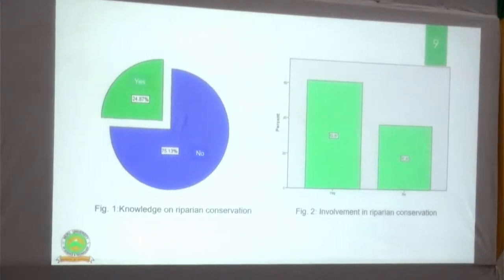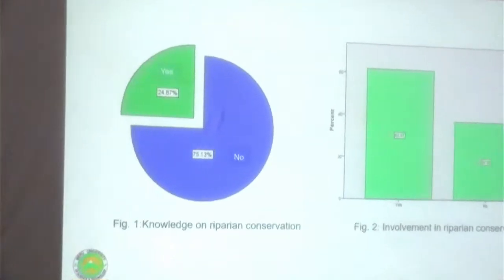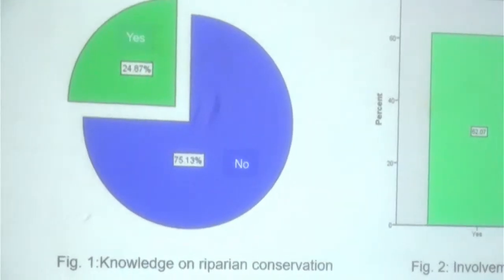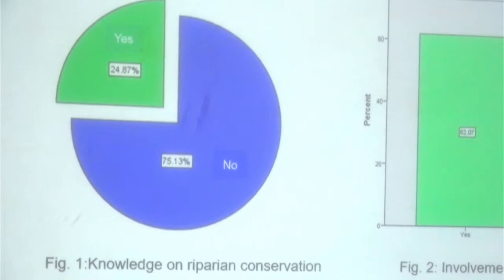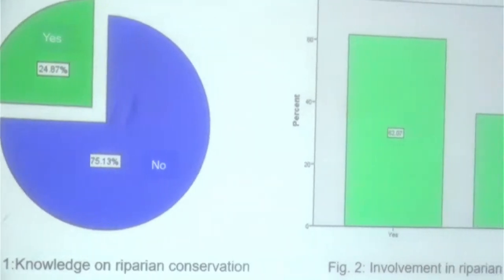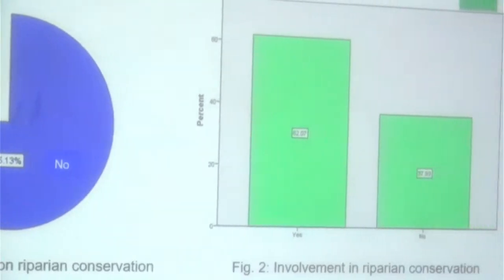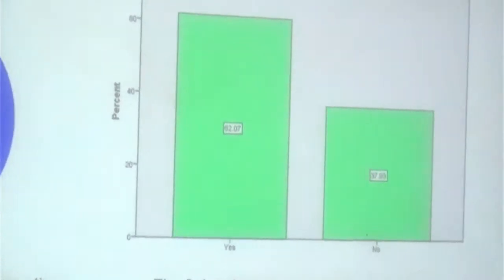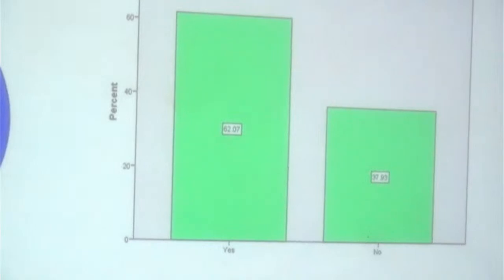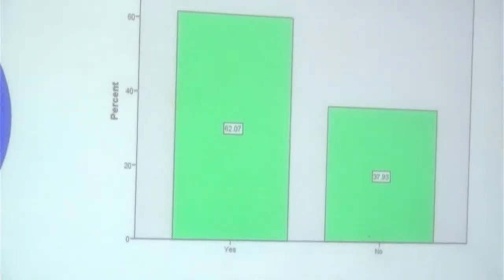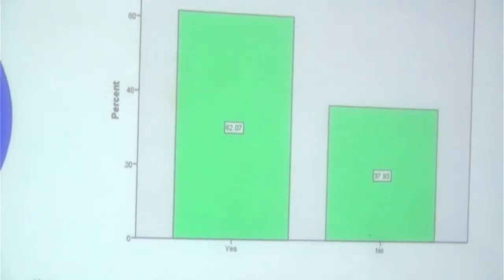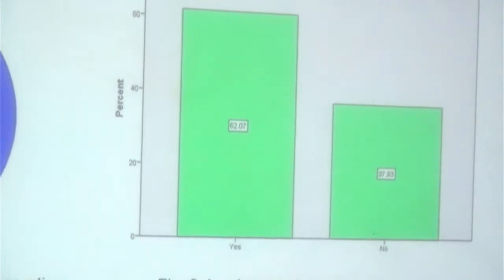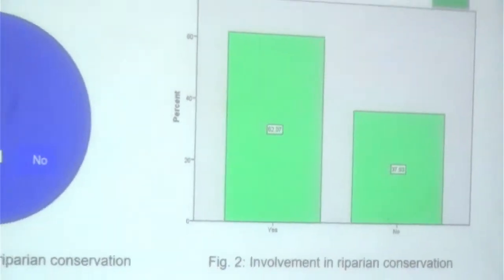On the graph, on the far end, is involvement in riparian conservation. Of the people along the river, the bigger share, 62%, said yes, they have been involved in conservation, while the 37% said they have not been involved in the conservation of the river.